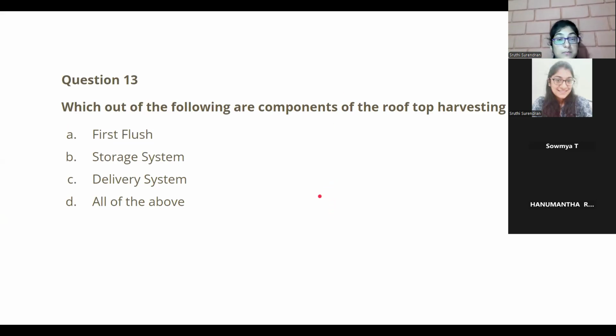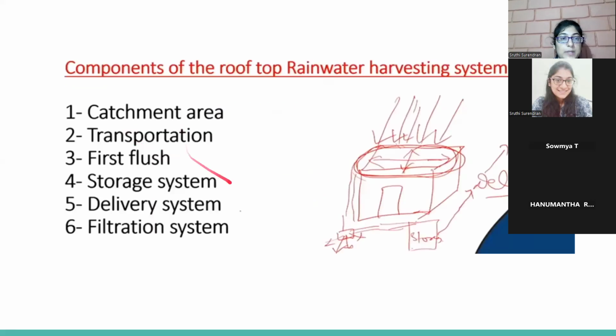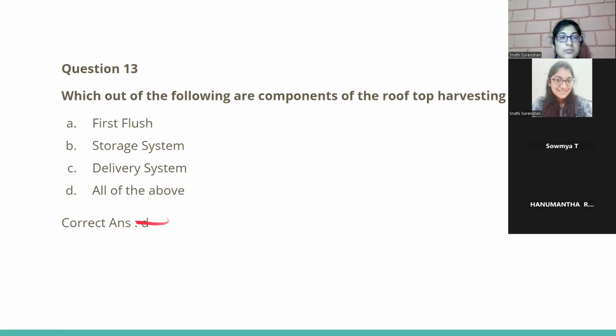We looked at the major components as well as multiple other components that are used when designing a proper rooftop harvesting system. So these are the components: catchment area, transportation, first flush, storage system, delivery system, and a filtration system. So the correct answer would be option B, all of the above.